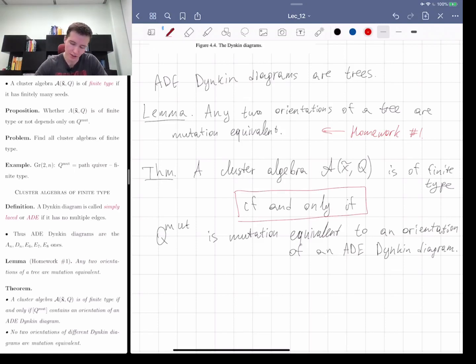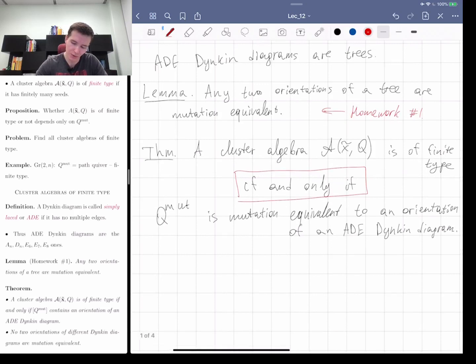So yeah, I guess that's one part. Finite type gives you Dynkin diagrams, but moreover, different Dynkin diagrams give you different mutation classes of cluster algebras.